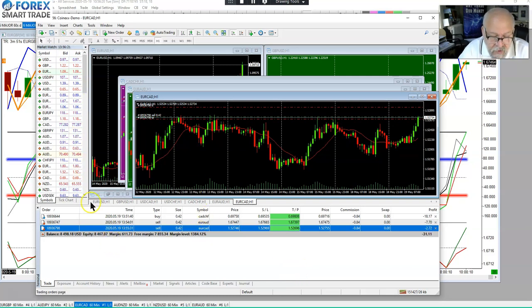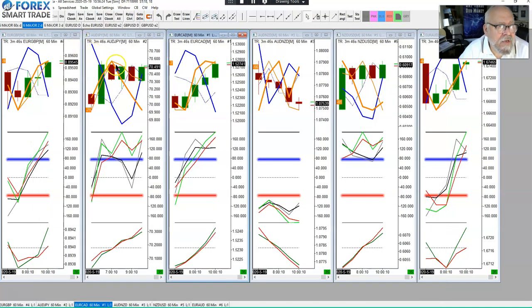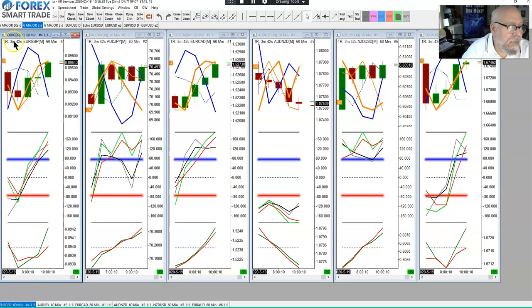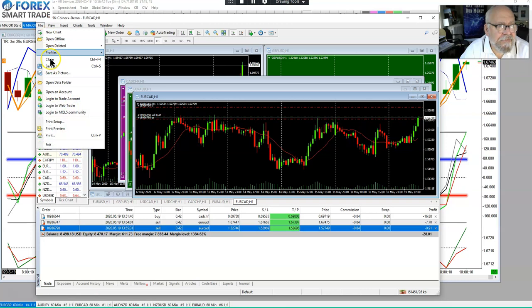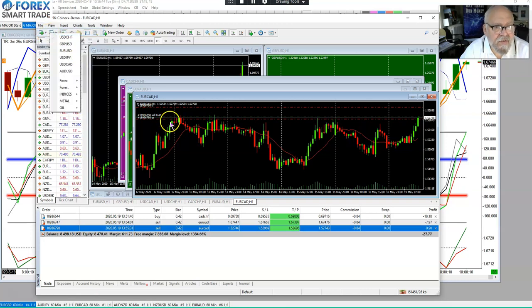And then the last one we saw was the Euro pound, -9. All 4 above. So let's go ahead and take that. So file, new chart.